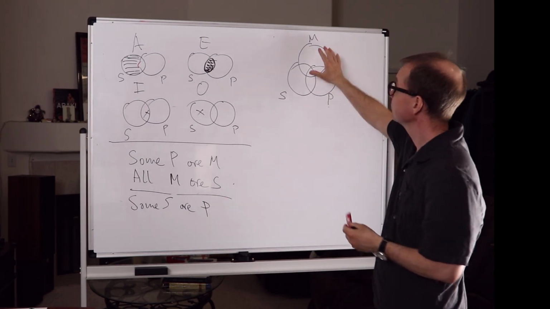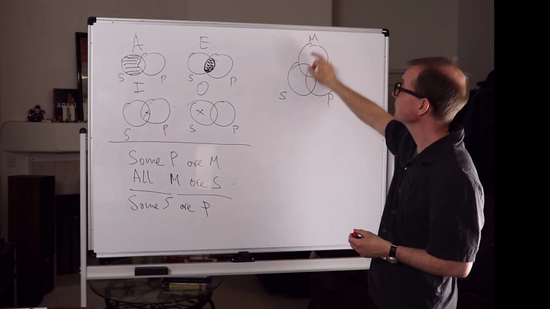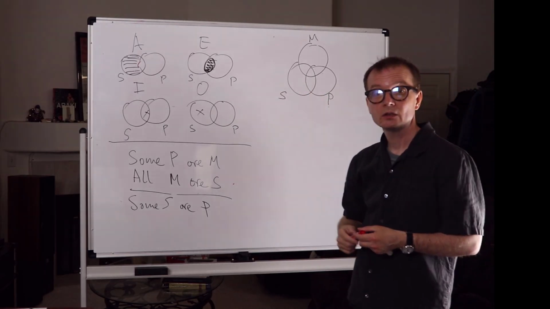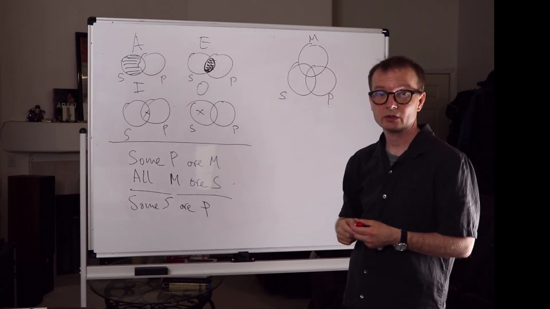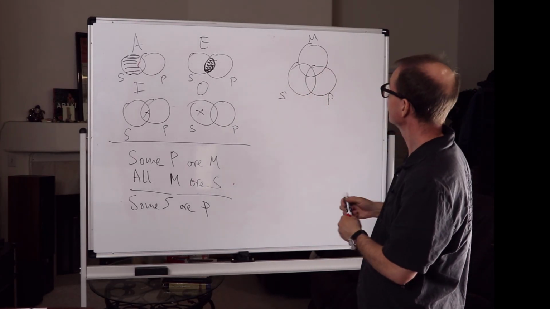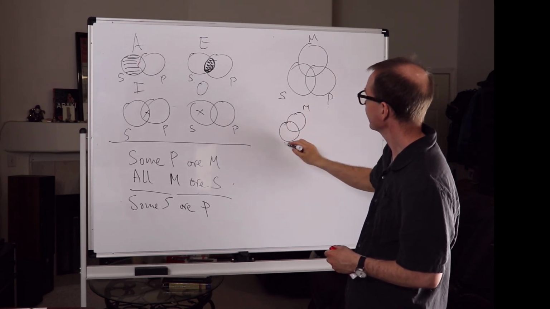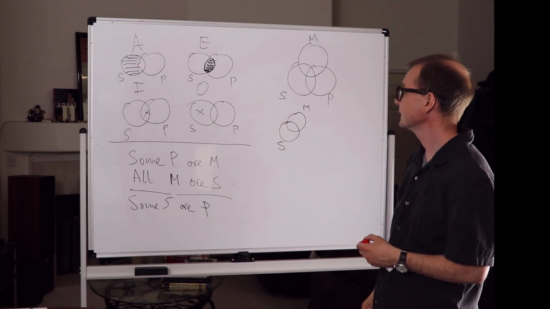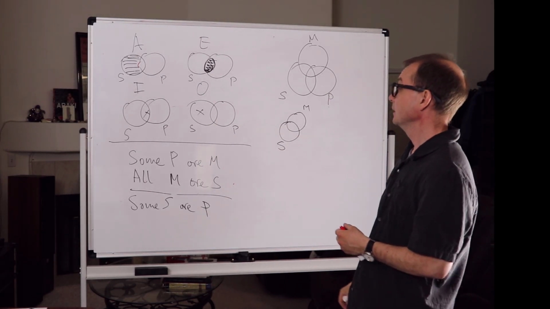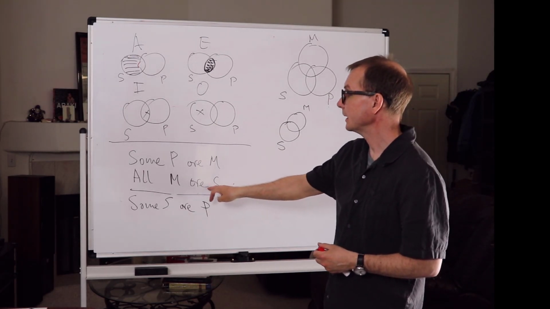This is your M, this is your S, right? So it is these two circles, not the other two, M and S. Lovely. All M are S.